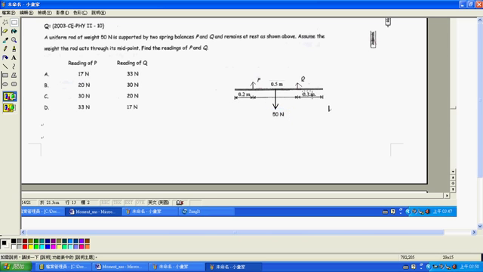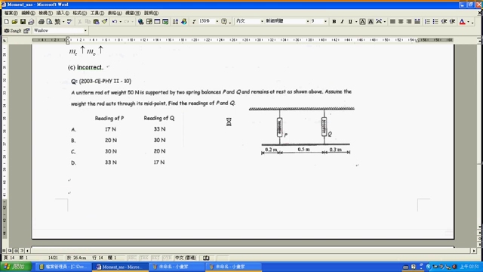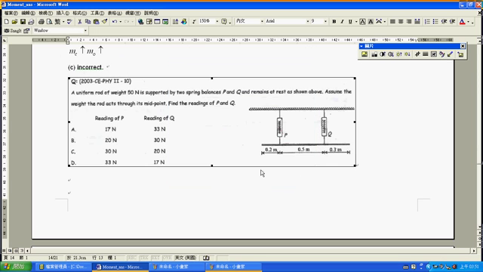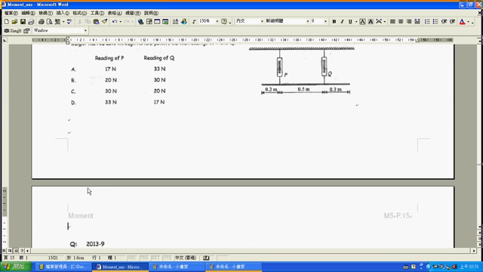So this part is also 0.3 meters, right? And similarly, the weight is 0.5 meter from the right end. So the distance of the 50 Newton from the force Q is 0.2 meters. So this is the free body diagram.